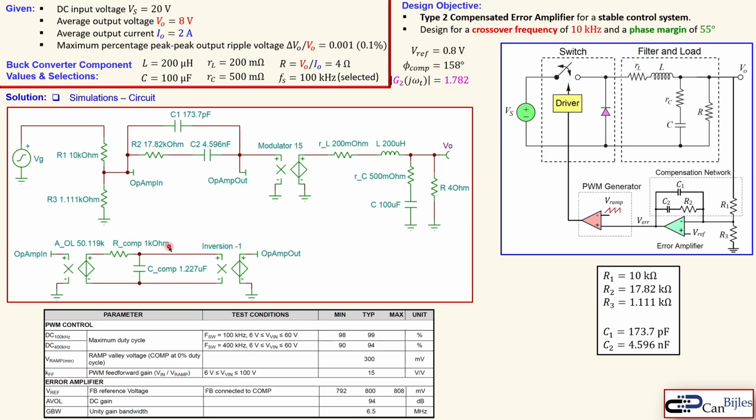I just selected this 1 kilo ohm and then calculated this compensation capacitor using the 1 over RC formula. And we need an inversion because we have an inverting amplifier configuration. Now this complete circuit is the model to check the phase margin for our buck converter and the controller in total.